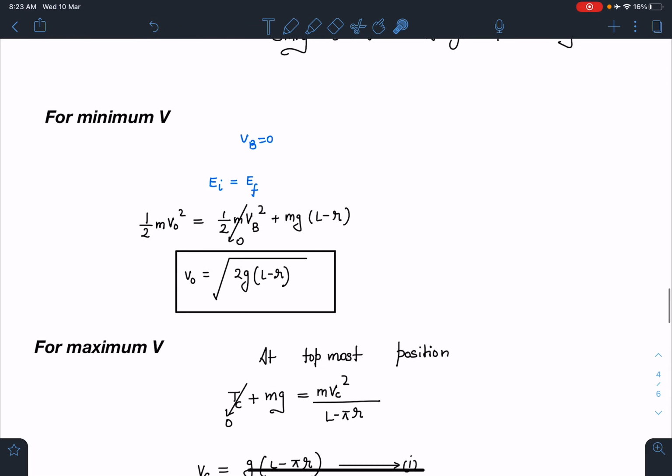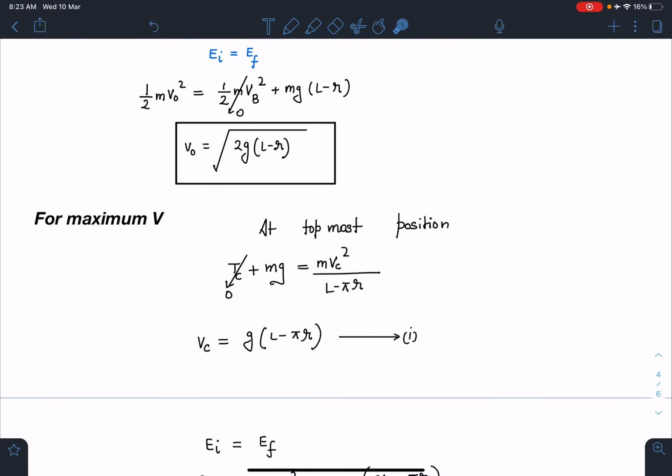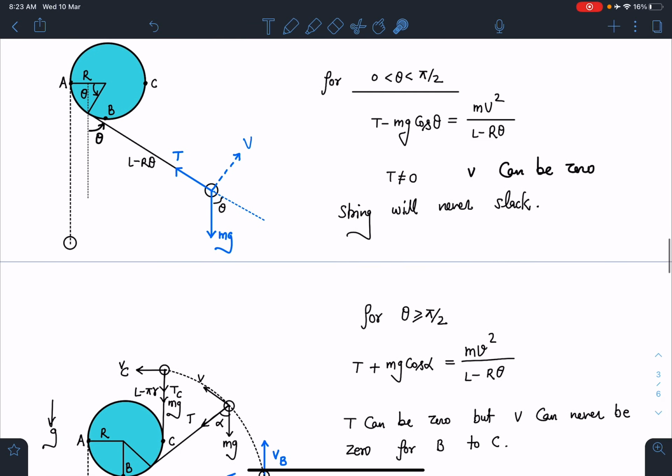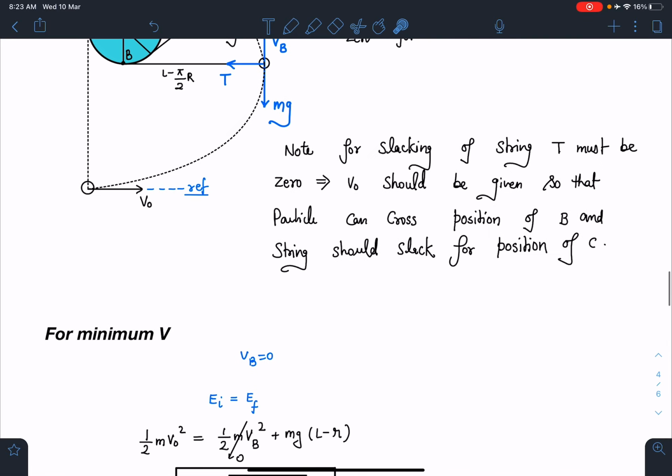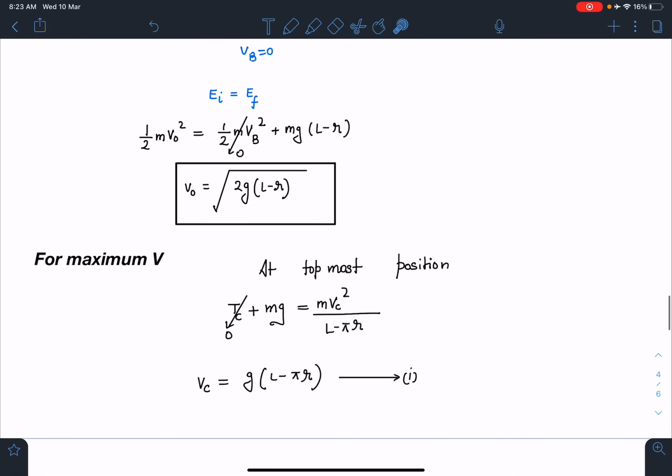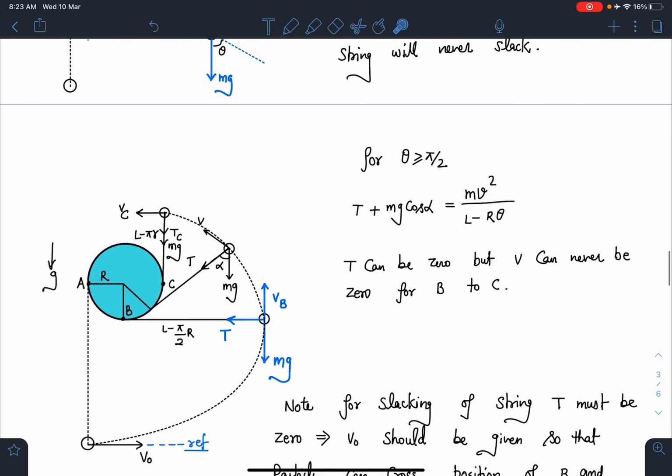And similarly for the maximum velocity of V, we go for the topmost position. We know that since mg is there, its velocity can never be 0 once it crosses B, because a component of mg is going to provide the necessary centripetal force. So at the topmost point, tension Tc and mg are downward.